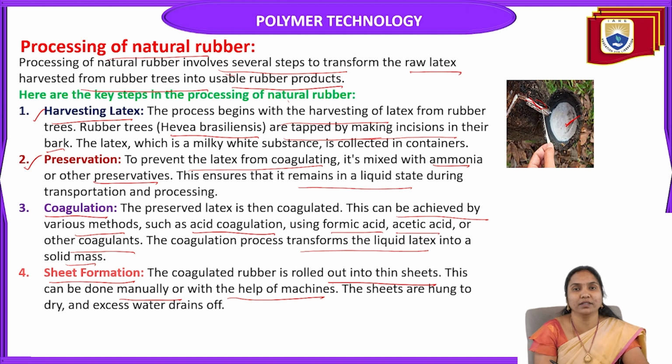For coagulation we generally use acid coagulants like formic acid or acetic acid. In this case, liquid latex is converted to a solid mass. And finally, fourth step is sheet formation. Here the coagulated rubber is rolled out into thin sheets, which can be done manually or with the help of machines.